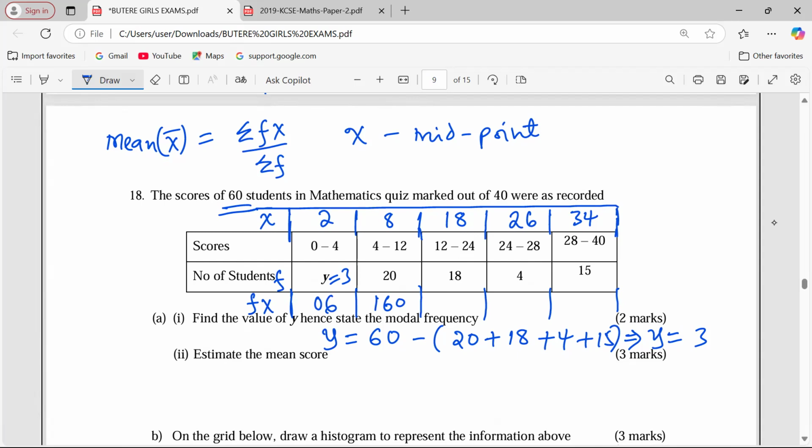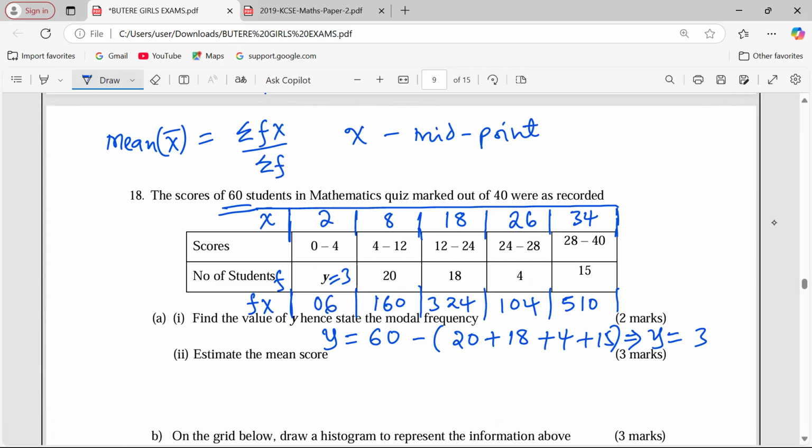Then the next is 18 by 18, giving us 324. Then 26 by 4, giving us 104. Then 34 by 15, giving us 510. Most of the students are in that class. They have contributed a lot of marks because they are 15 and the midpoint is 34.